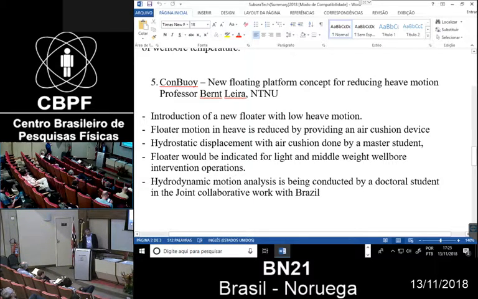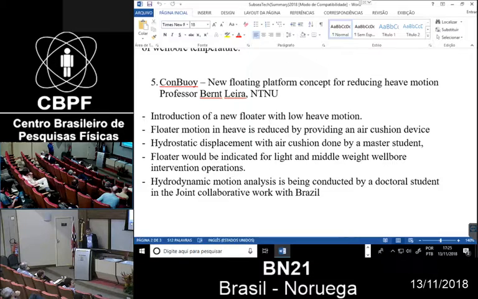And then there was a presentation of a new concept for heave compensation. That is a new floater concept with very low heave motion. The motion in heave is reduced by providing an air cushion device, hydrostatic displacement with air cushion, done by a master student.